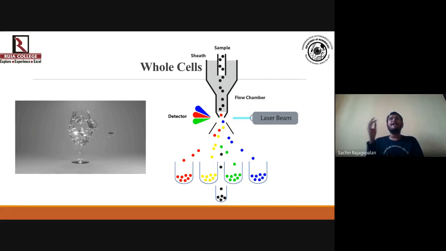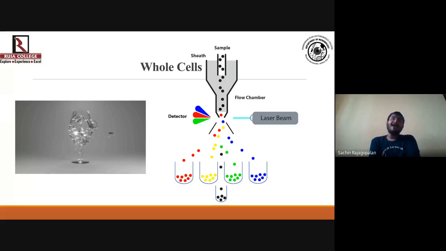So if I want to study just those, I would want to separate them from the normal cells of the patient. So FACS is the best option for that. So you will see a lot of cancer research institutions having this. Yes, ACTREC also has a FACS. It's very important for them, because it's on a daily basis that they need to sort the cells and then subject them to specific studies.